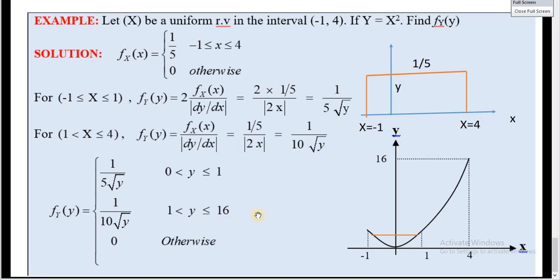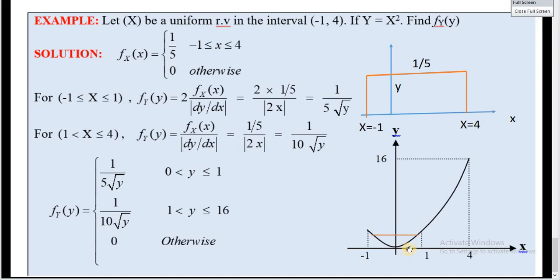So for values of y between 1 and 16, which is equivalent to values of x between 1 and 4, when x is 4, y is 16, when x is 1, y is 1. So for values of y between 1 and 16, we have this function 1 over 10 square root of y.